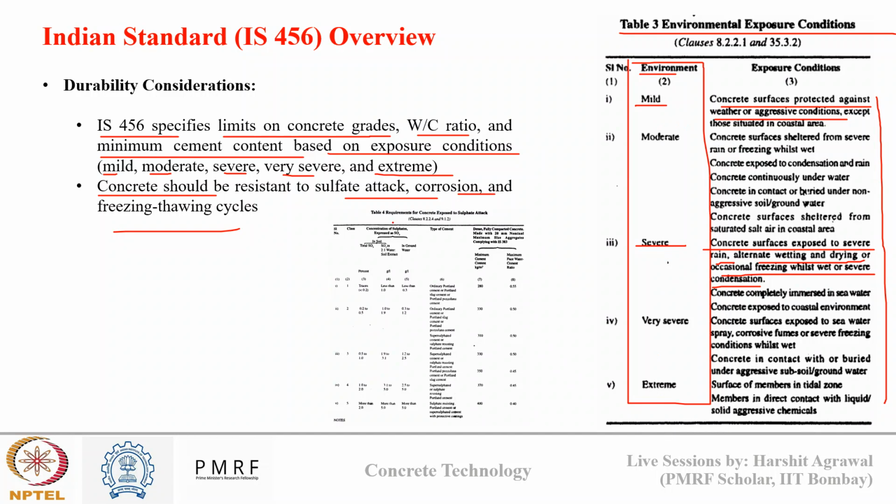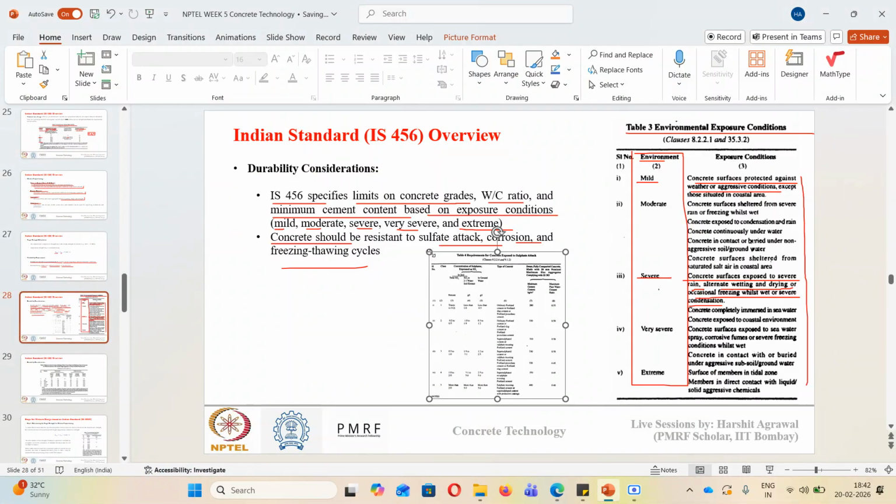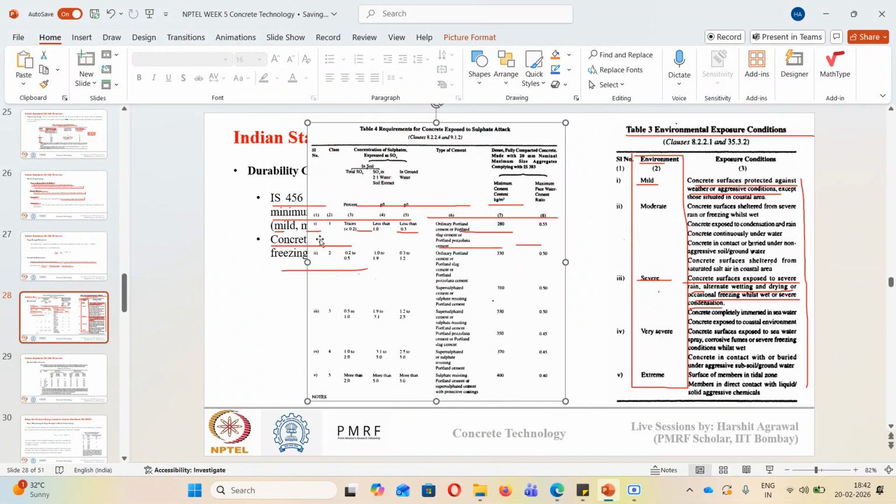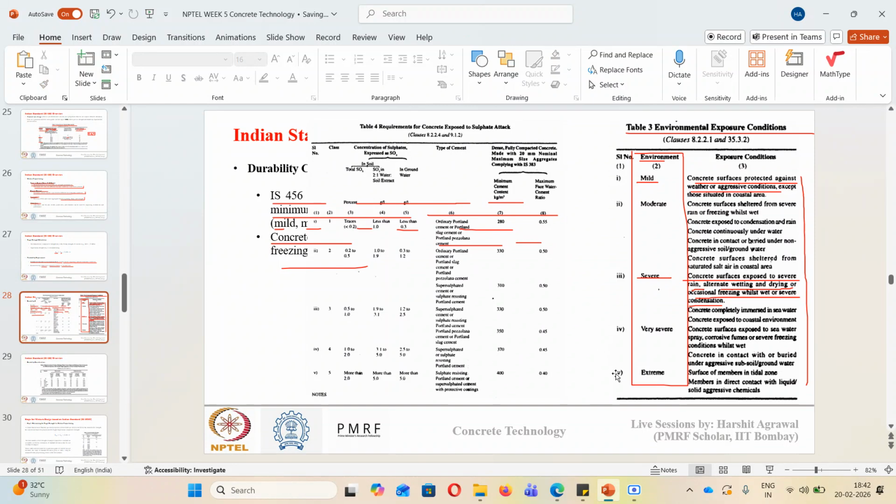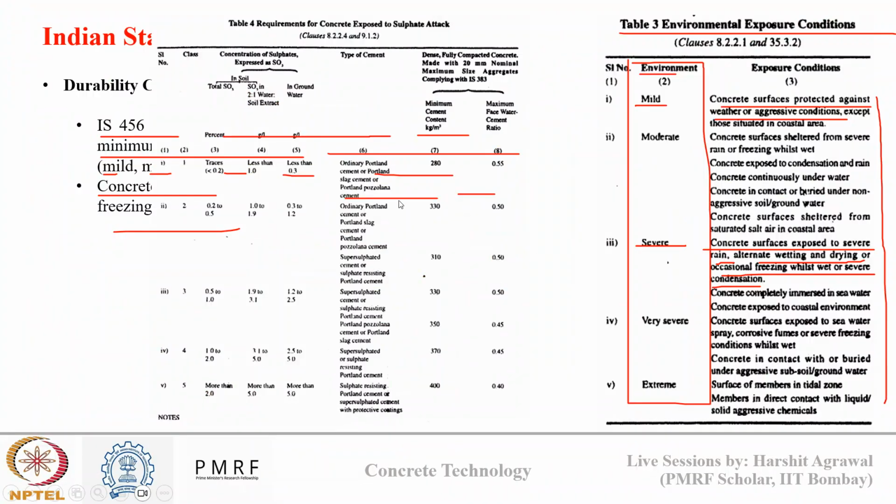Okay, then there is another table, which is Table number 4. I will just zoom this table. Okay, so this table specifies the requirements of concrete which is exposed to sulfate attack. Basically it is based on the amount of sulfate present in soil and groundwater.